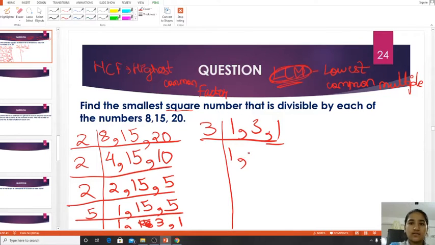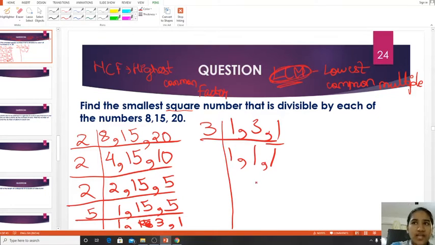So at last we have achieved 1, 1, 1 at the end. So the next thing is 2, 2, 2, 5, 3.